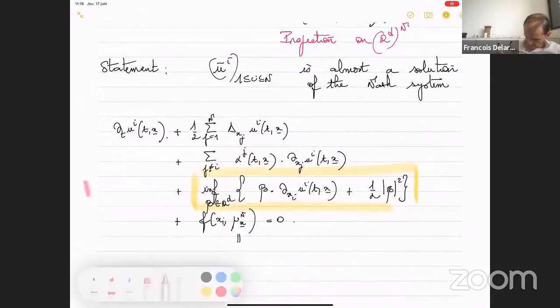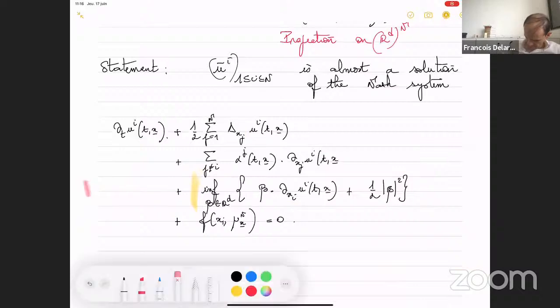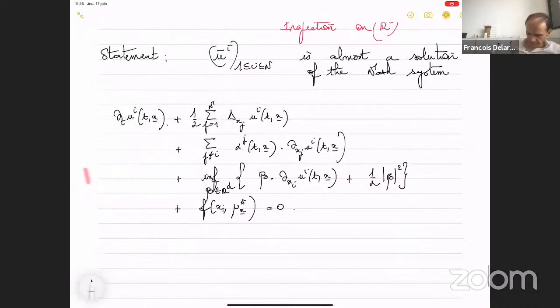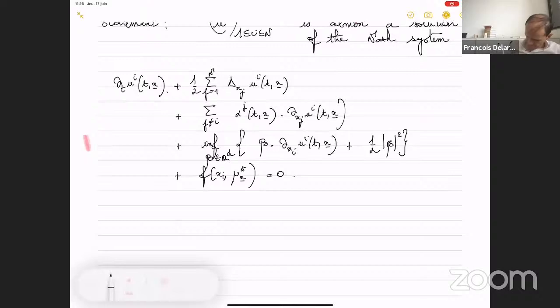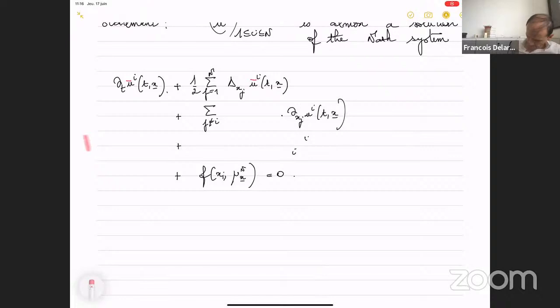Then let me remove this and this. Right. Then in fact, if you put a bar, so I put a bar here, here. Oh no, this was not the right equation. I made a mistake. So here there is a mistake. I'm sorry about this. So let me remove that.